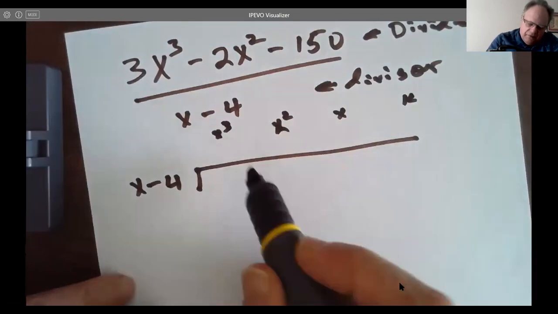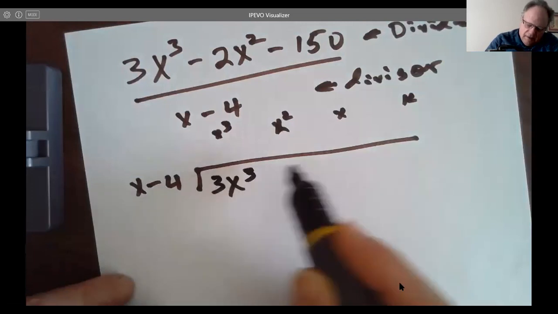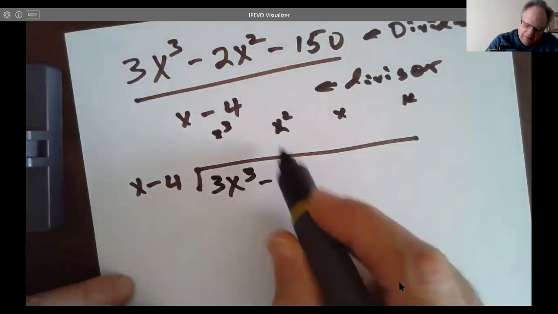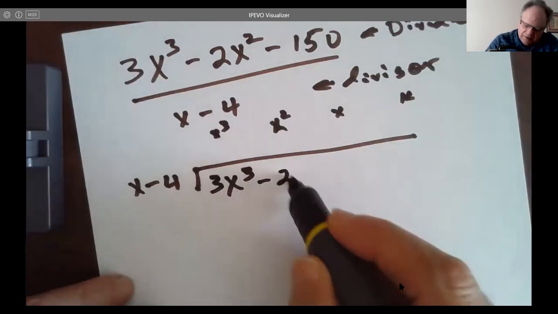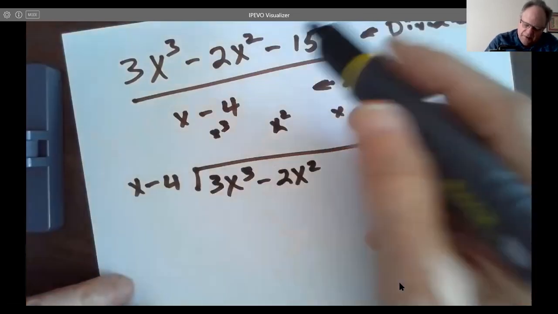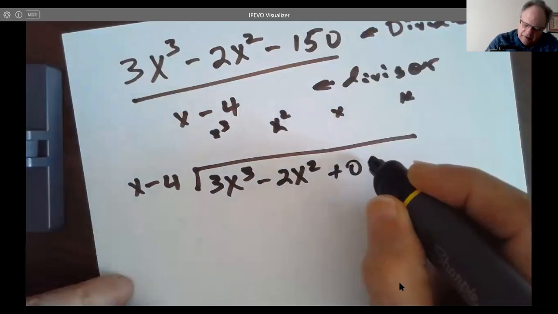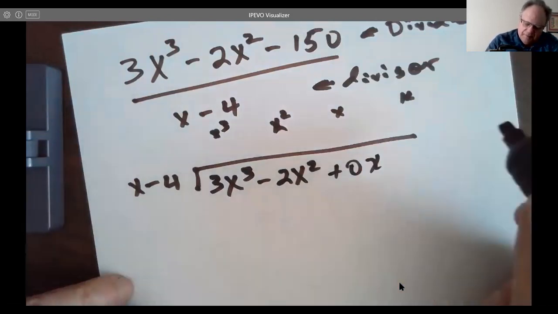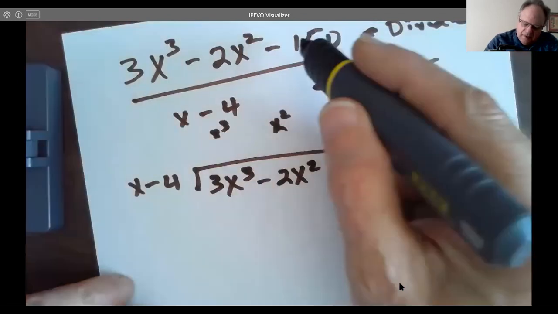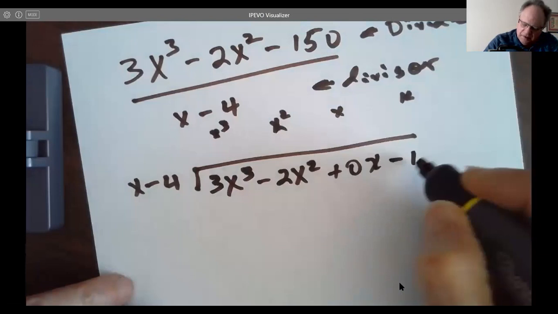So we have the 3x cubed, and then minus 2x squared. But we don't have a place for x, so in that case, we just use 0x. Minus 150 is our constant.